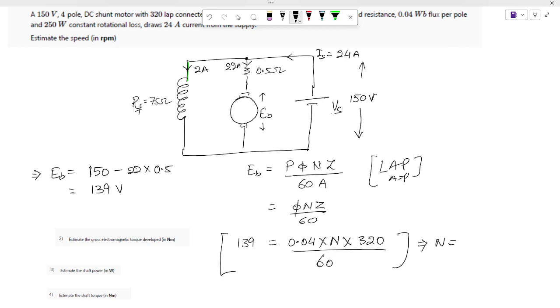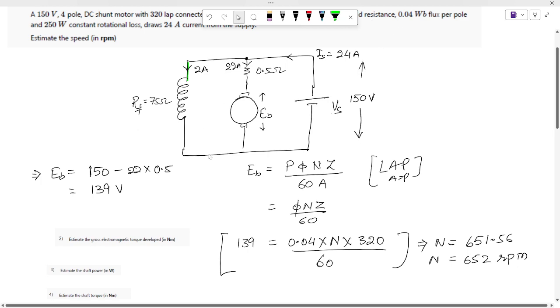Sir, 651.56. Okay, 651.56. Rounding off, N is equal to 652 rpm.